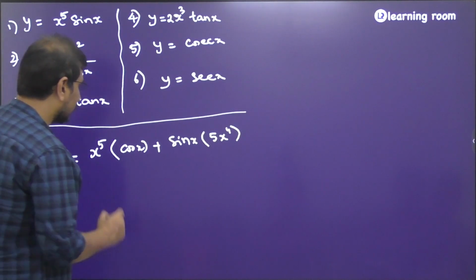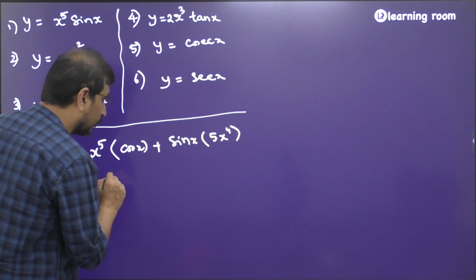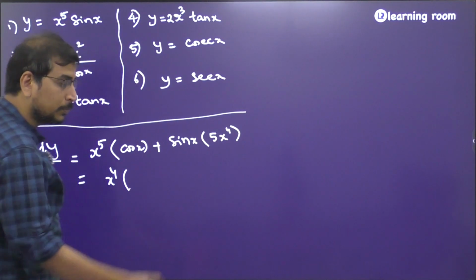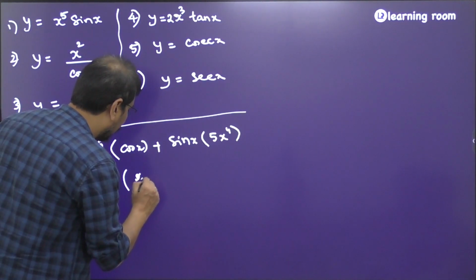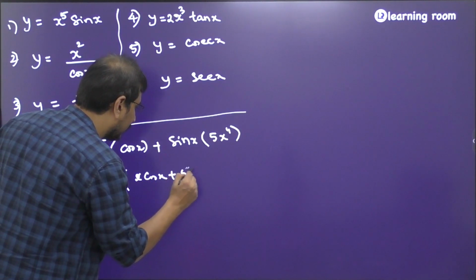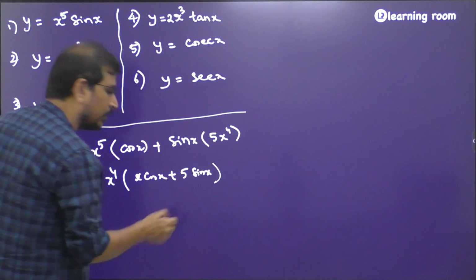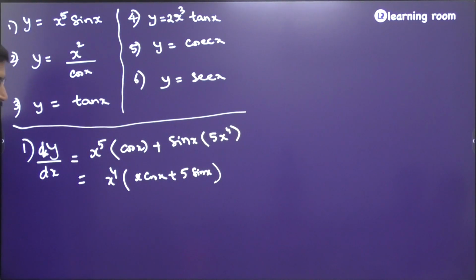Right. So this is the answer. You can write it like this also. x power 4, I'll take it common. I'll write x cos x plus 5 sin x. This is another way of writing.